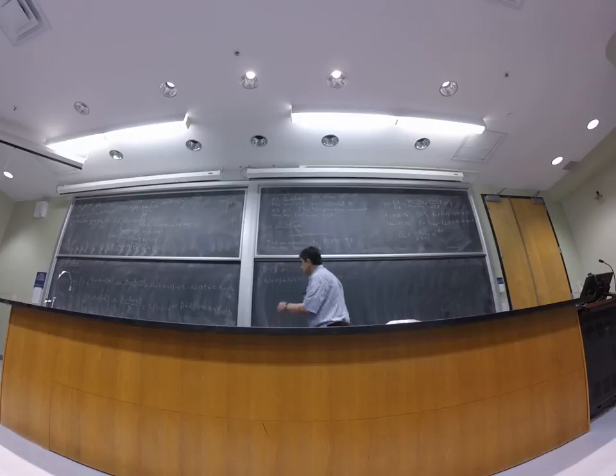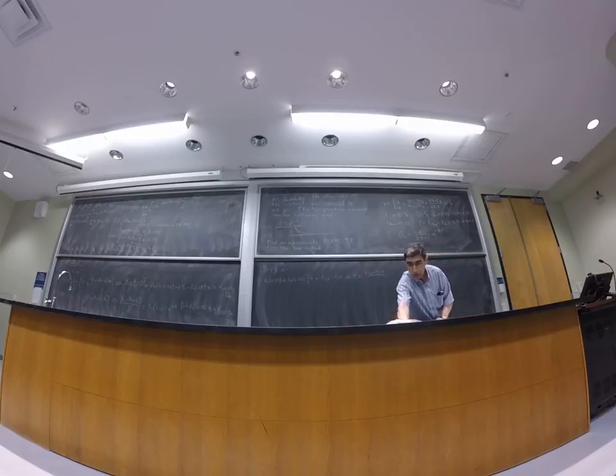Doing the algebra, tau is T63 minus T28 divided by 1.9.